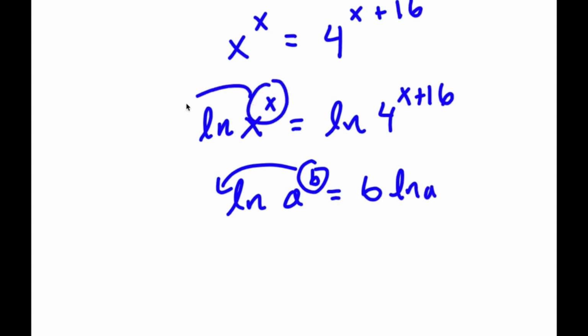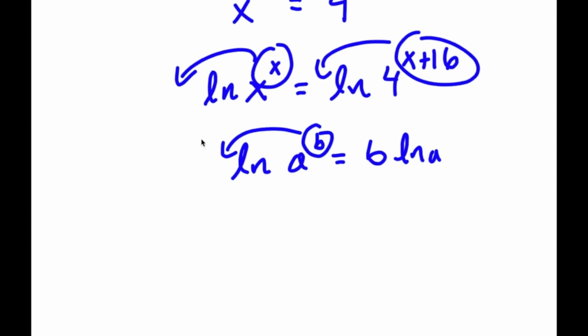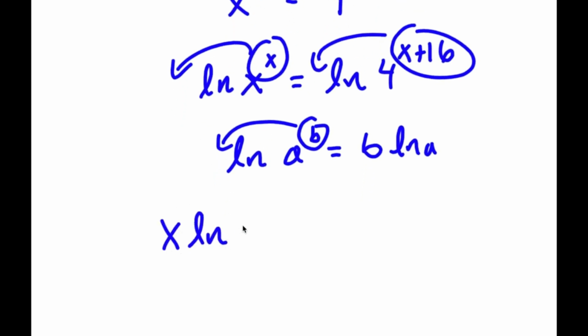So in this case, I have ln x to the power of x. I can move x to the front, and ln 4 to the power of x plus 16, I can move x plus 16 to the front. So now I have x times ln x is equal to x plus 16 times ln 4.